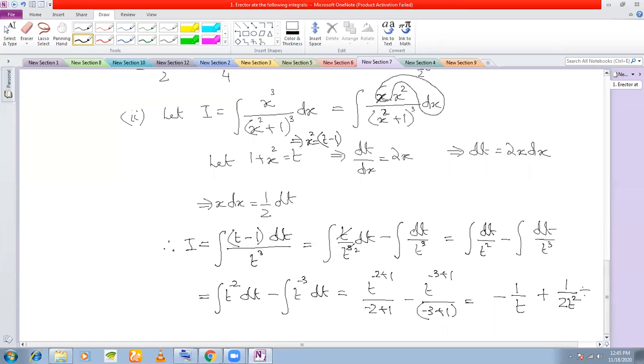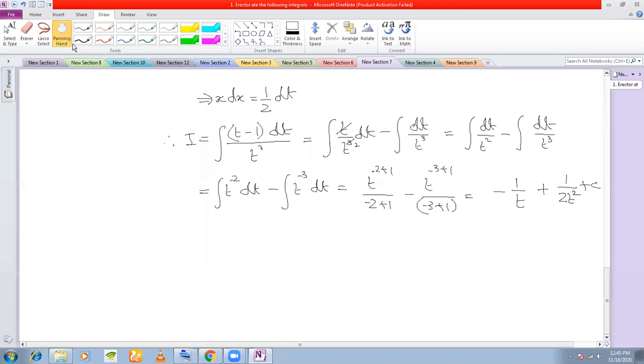Okay, plus c. And now we put back the value of t. T we had taken as 1 plus x square. So this becomes minus 1 by 1 plus x square plus 1 by twice 1 plus x square whole square plus constant. So this is your required integration.